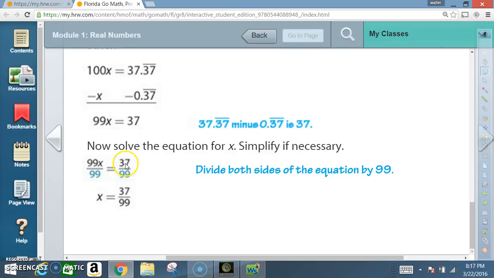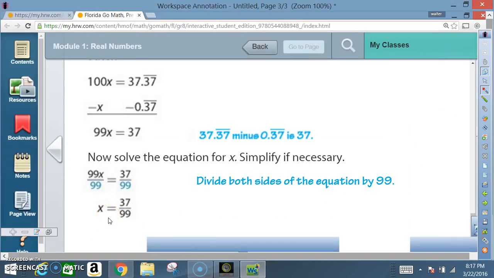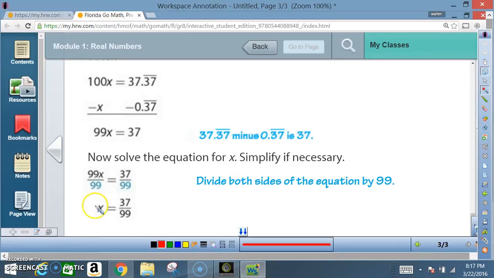I want to get that x by itself, so I divide both sides by 99. What's 99 divided by 99? That's going to be 1. So I'm left with just 1x, and then I have 37 over 99. So that's my final answer right there, 37 over 99.